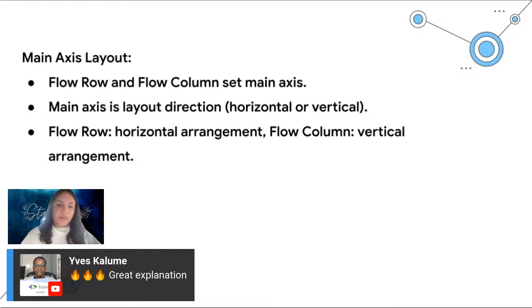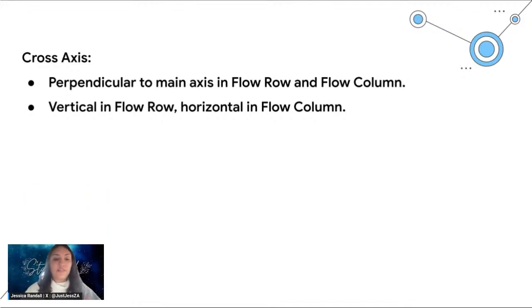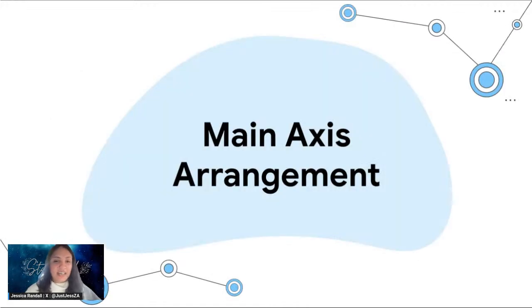For flow row, it's a horizontal arrangement, and for flow column, it's a vertical arrangement. However, for the cross axis, it's the opposite. So you do vertical arrangement in flow row, and you do horizontal arrangement in flow column. So that's the difference between cross axis arrangement and main axis arrangement. I hope that was clear.